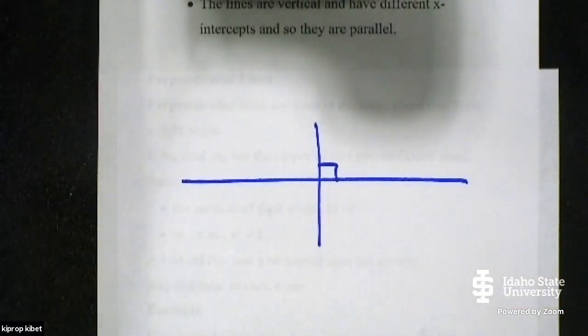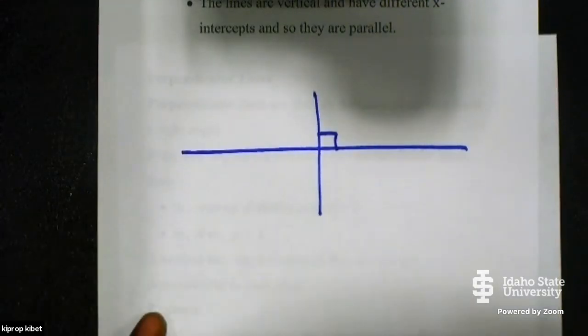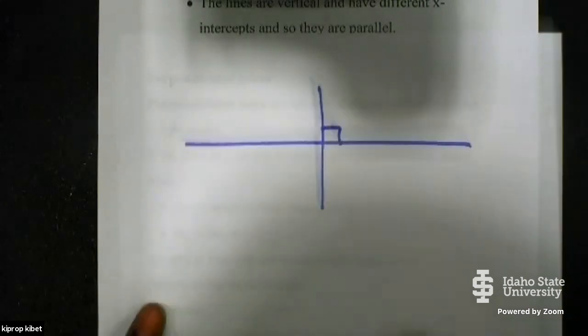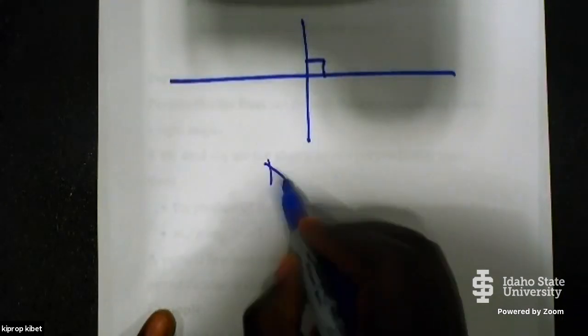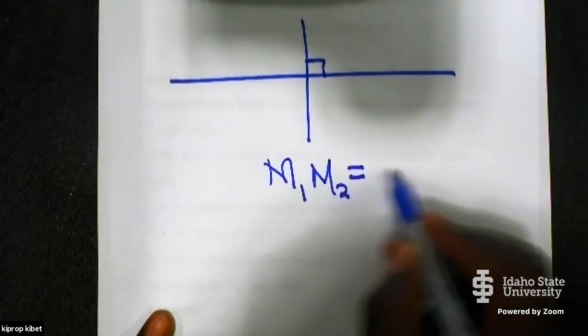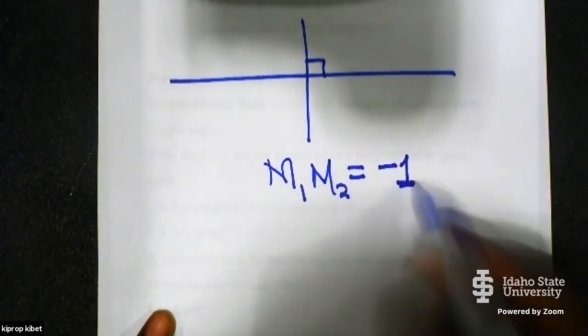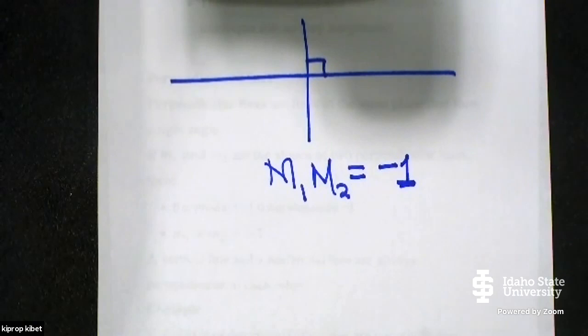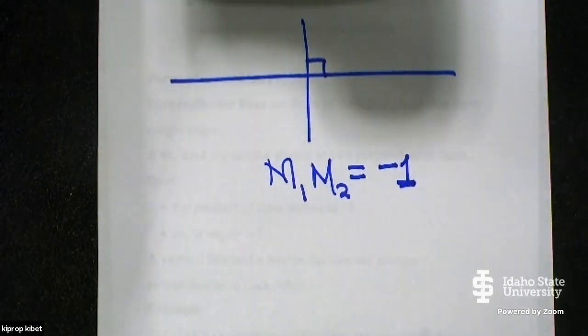So they are perpendicular to one another. For perpendicular lines, the product of the two gradients, m1 and m2, is equal to -1.